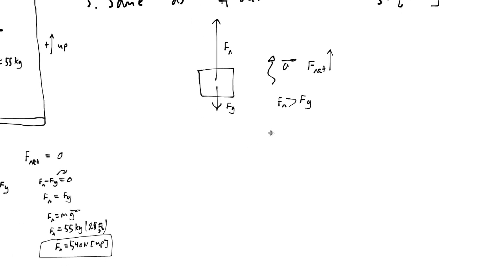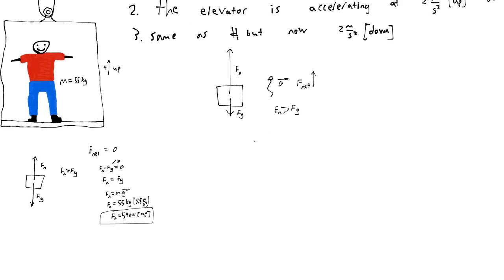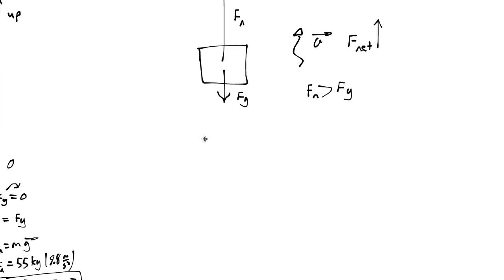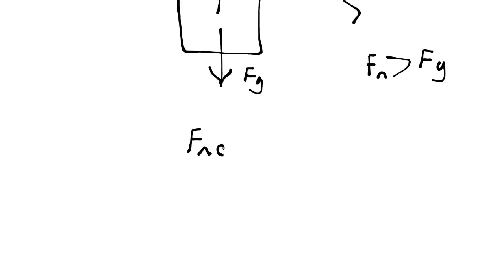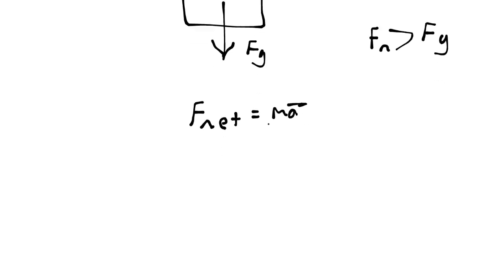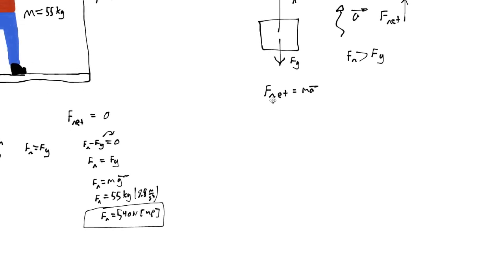What we're going to do next is write down the Newton's second law equation. So we'll do F net equals mass times acceleration. F net is also equal to the sum of all forces, so I'll fill in the sum of all forces.